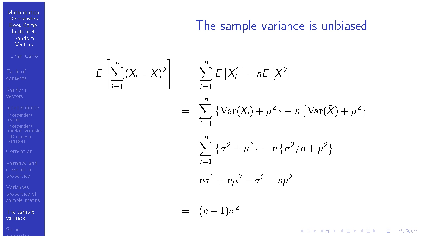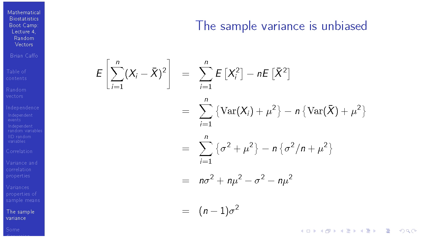Just to remind you, the sample variance is a function of our observed data. It's a function of our random variables, right? So it itself is a statistic, so it is a random variable itself, and it has a distribution. That distribution has a variance and that distribution has a mean.